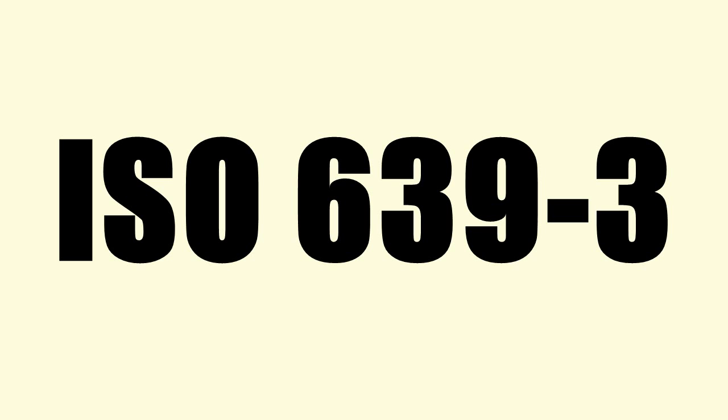Since ISO 639-2 also includes language collections and Part 3 does not, ISO 639-3 is not a superset of ISO 639-2. Where B and T codes exist in ISO 639-2, ISO 639-3 uses the T codes.